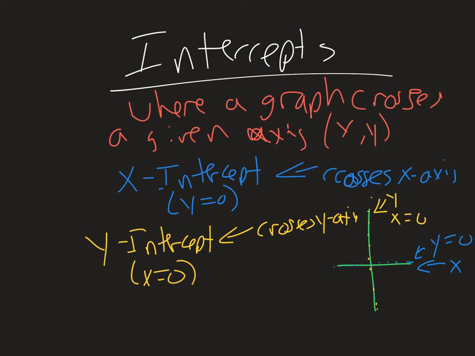So it's a little bit counterintuitive at first, but when you think about it, it does make sense. So when I'm trying to find a y-intercept, I set my x equal to 0. When I'm trying to find an x-intercept, I set my y equal to 0. And essentially, what we're going to do is plot both of those points and then just connect the dots.